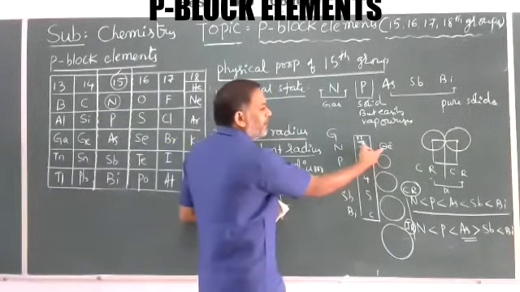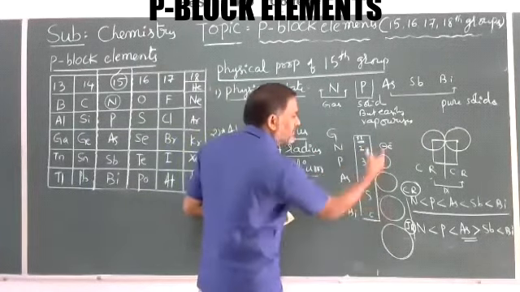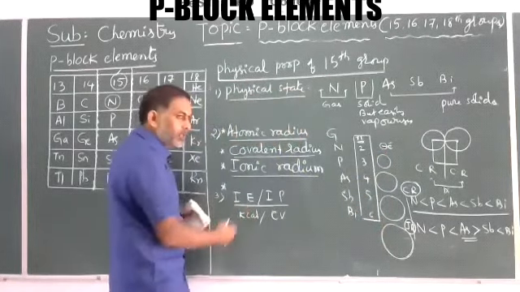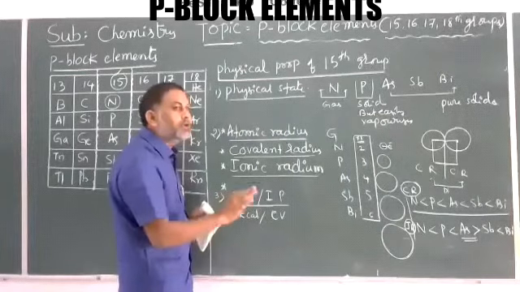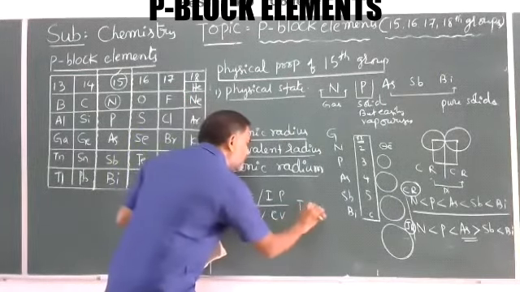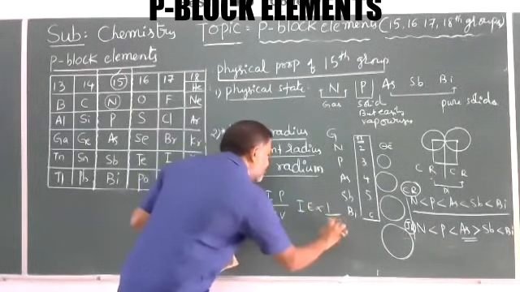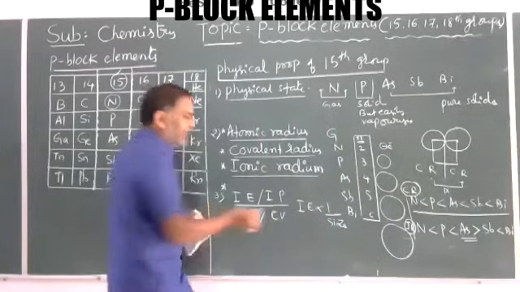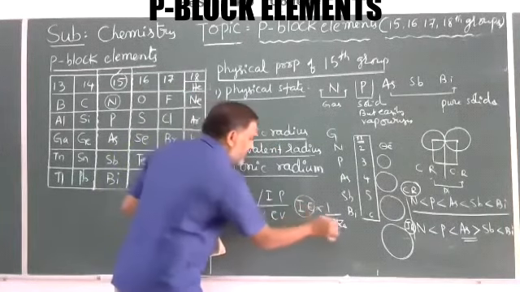Now here, from nitrogen to bismuth, what happens to size? Size increases, ionization energy decreases. That's why ionization energy is inversely proportional to the size of the atom or ion. When ionization energy increases, size decreases.